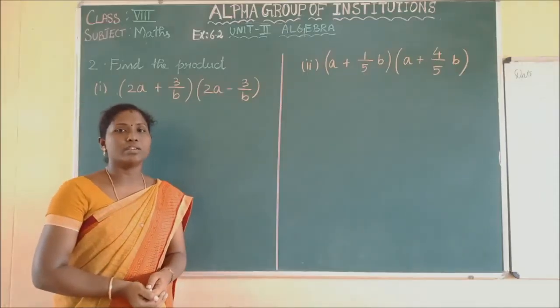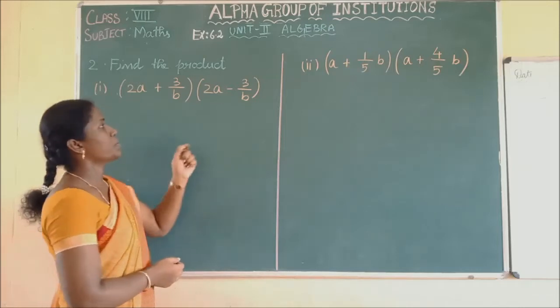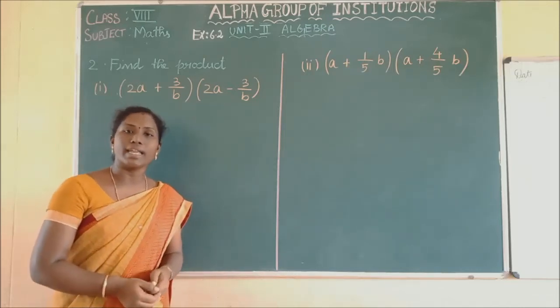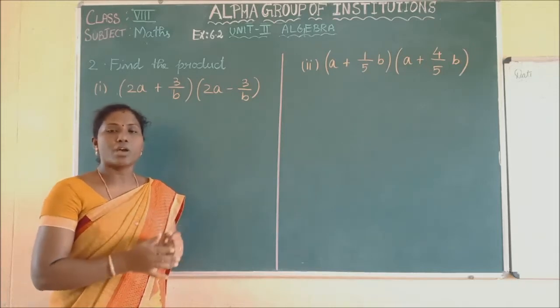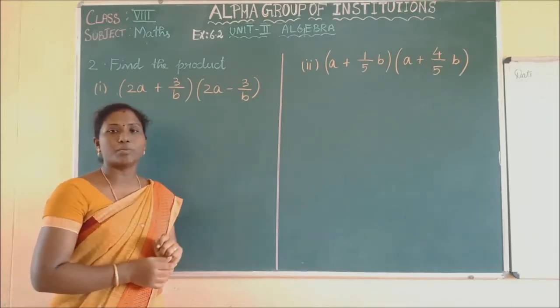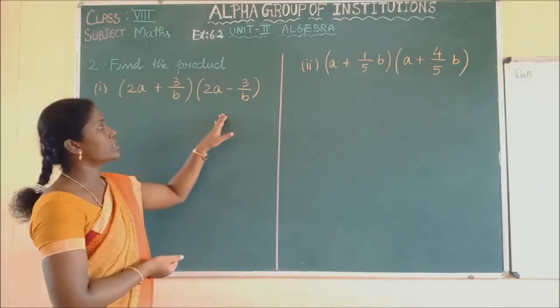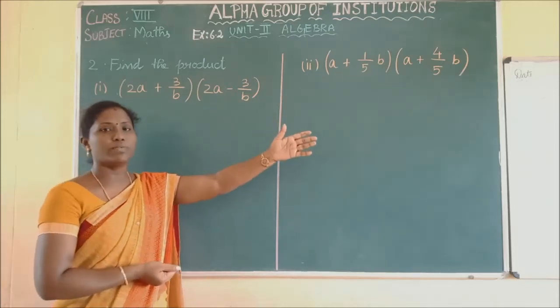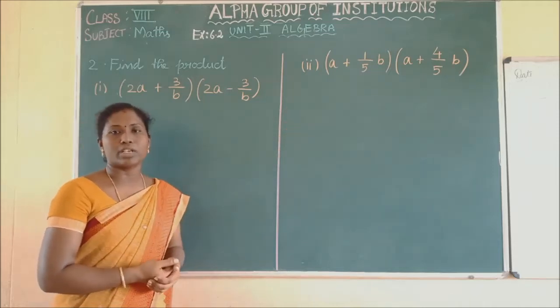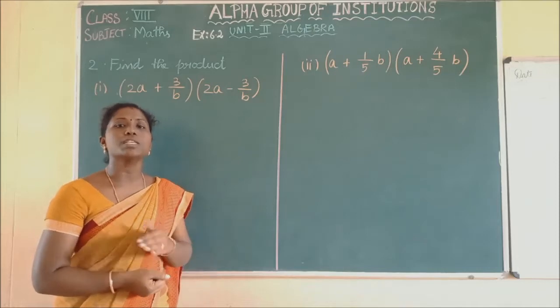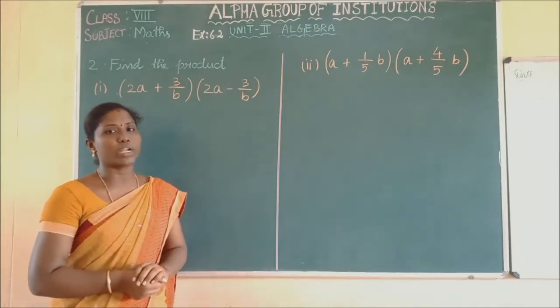Now we are going to find the product of the given two expressions. Find the product using identities. In the second problem also we have to use an identity and find the product. In the first exercise we learned how to multiply a binomial with a binomial, as well as a binomial with a monomial or trinomial. But without doing the actual multiplication, using the identity we are going to find the product here.